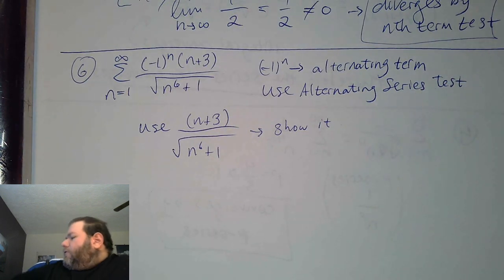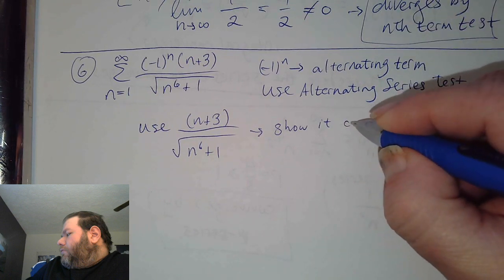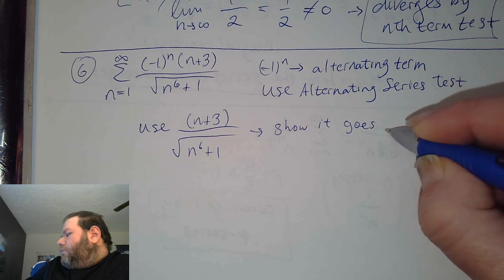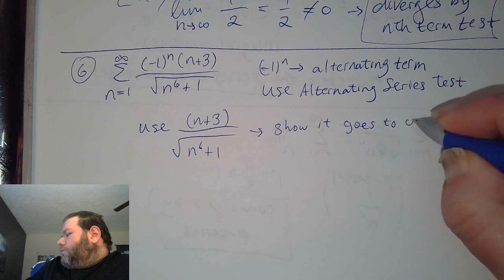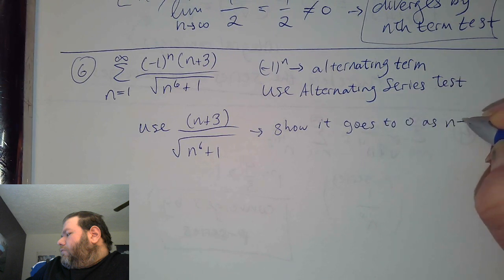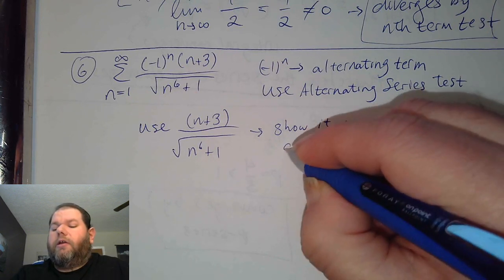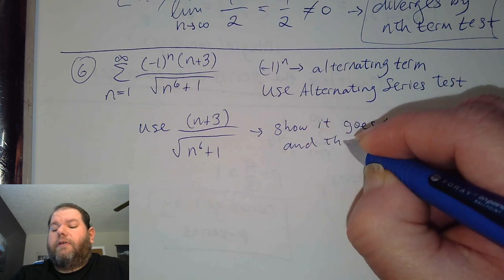Is that the two conditions? Yep, those are the two conditions. So it goes to 0 as n goes to infinity, and that it decreases.